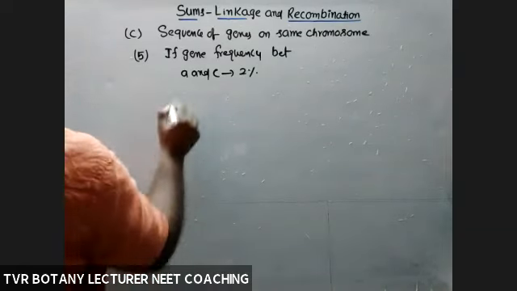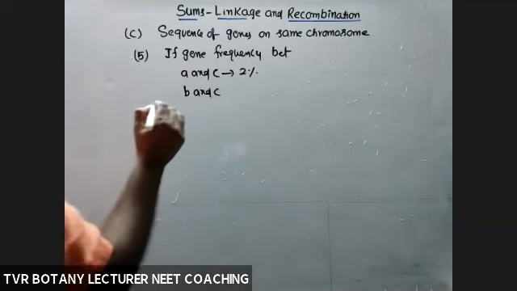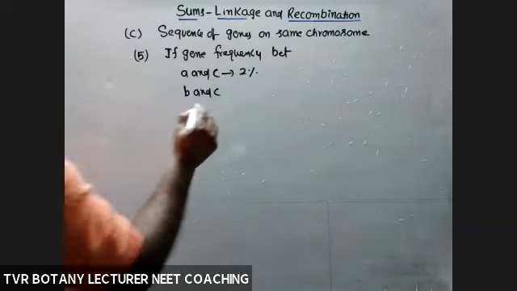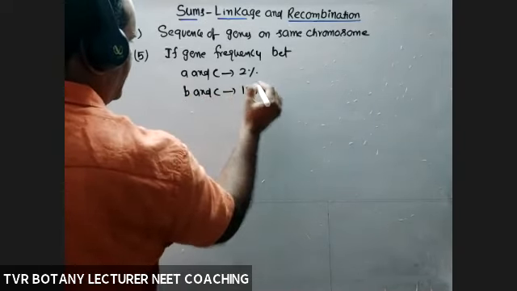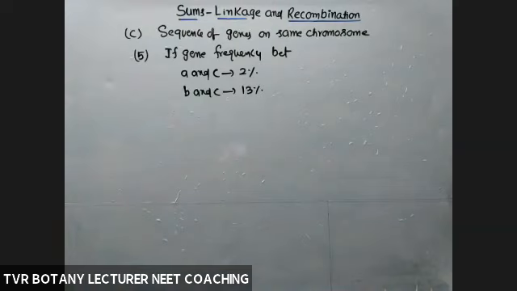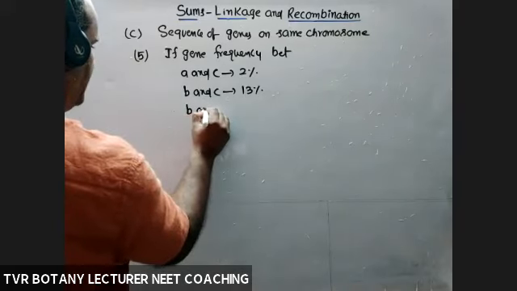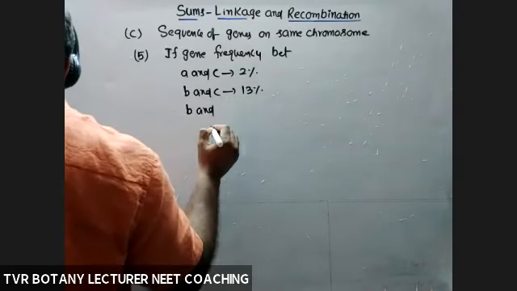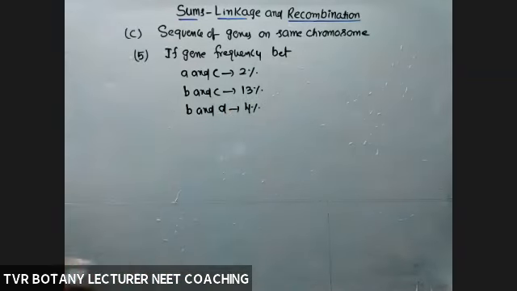AC and BC. B and C, how much? 13%. B and D, 4%.